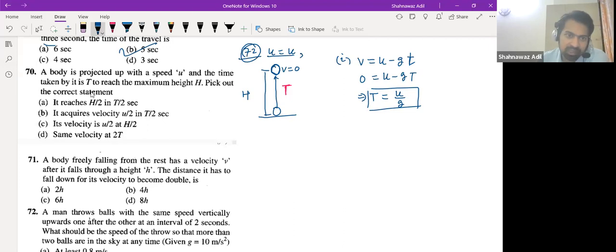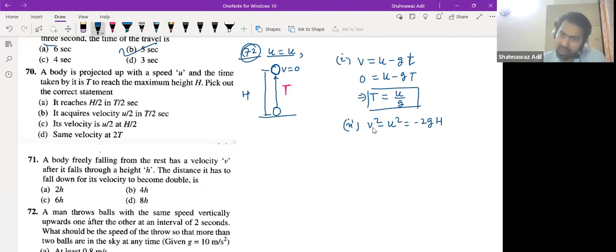Okay, so this is the relation. Now pick out the correct statement. It reaches h by 2 distance in t by 2 seconds. What is the relation between the distance and the height? Let me write the third equation: v square minus u square is equal to 2as, which is minus 2gh, right?